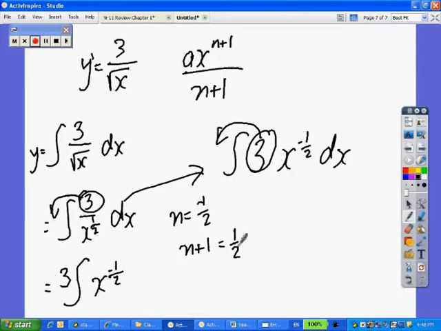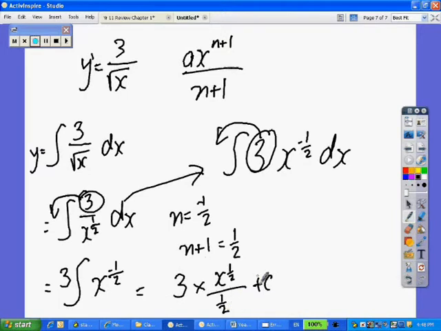Now we can integrate, and we've still got n plus 1 is equal to that. So when I integrate it, I can say 3 times x to the power of 1/2 over 1/2, plus c.